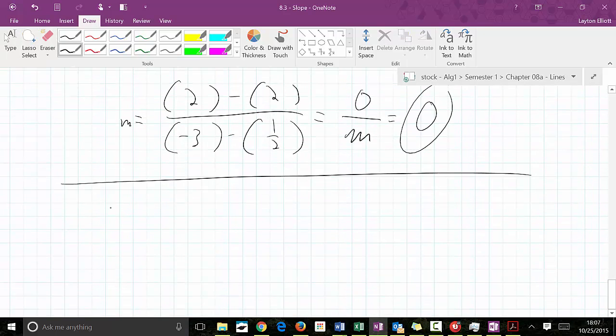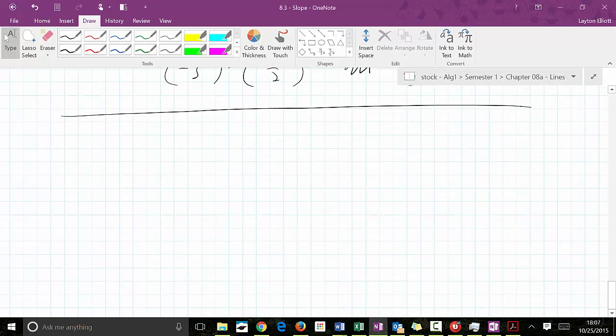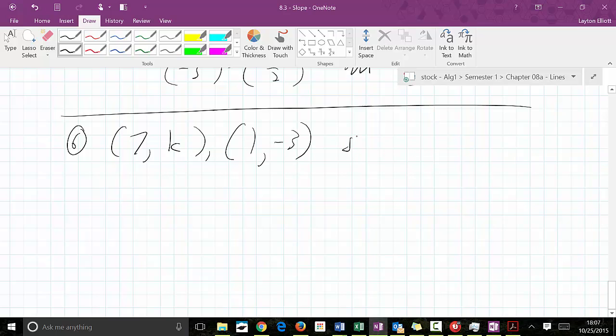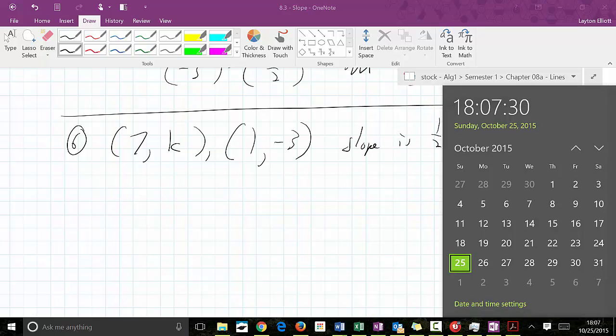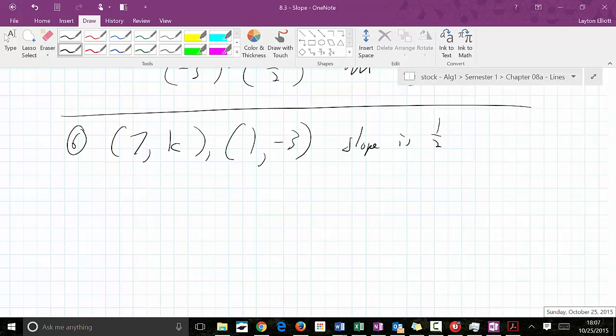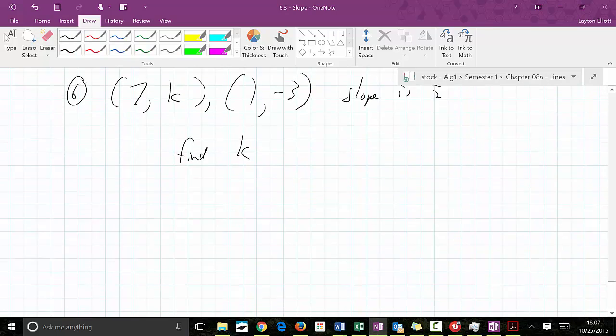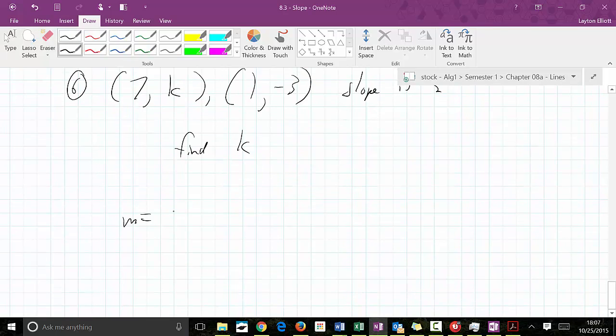Lastly, we have a problem type where I could say I have an ordered pair (7, k) and (1, negative 3), and I know that the slope is 1/2, and I want you to find k. Well, I'm going to just set up the same thing we did before.